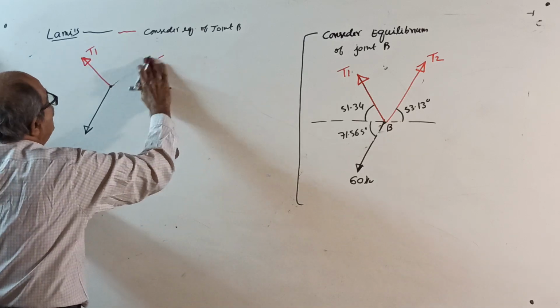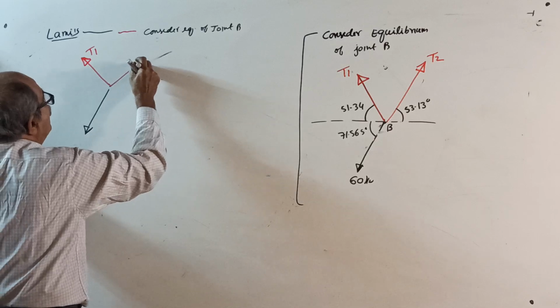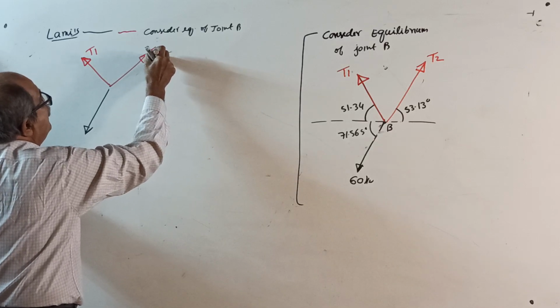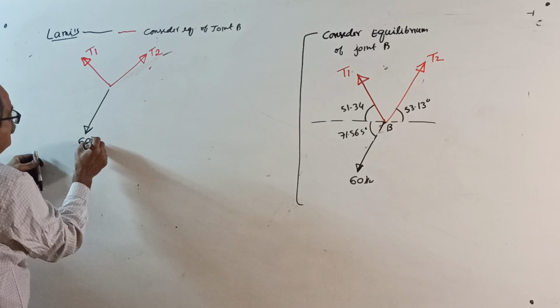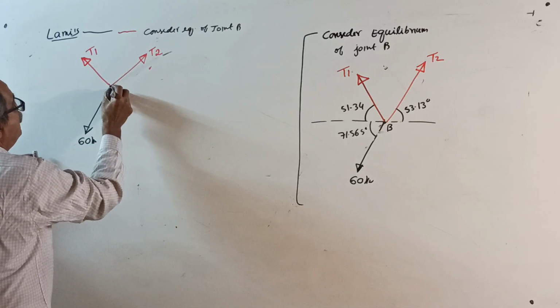T1 is a little steep. T2, and this is 60 kilonewton. This is the point B.